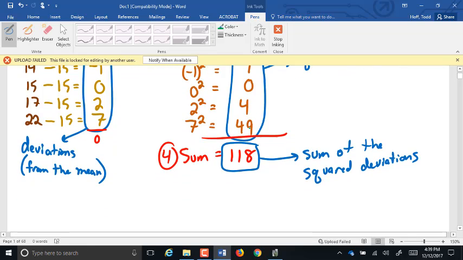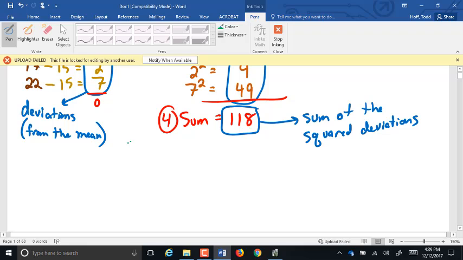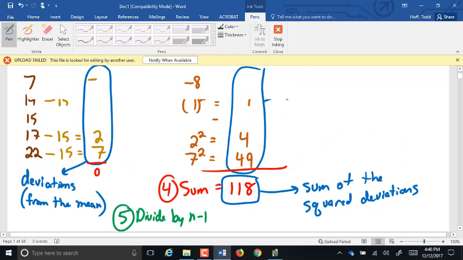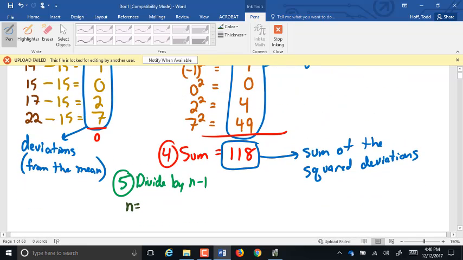Step 5 is the tough one. Step 5, you're going to divide by n minus 1. For this data set, n equals what? How many numbers were in this list? 5.